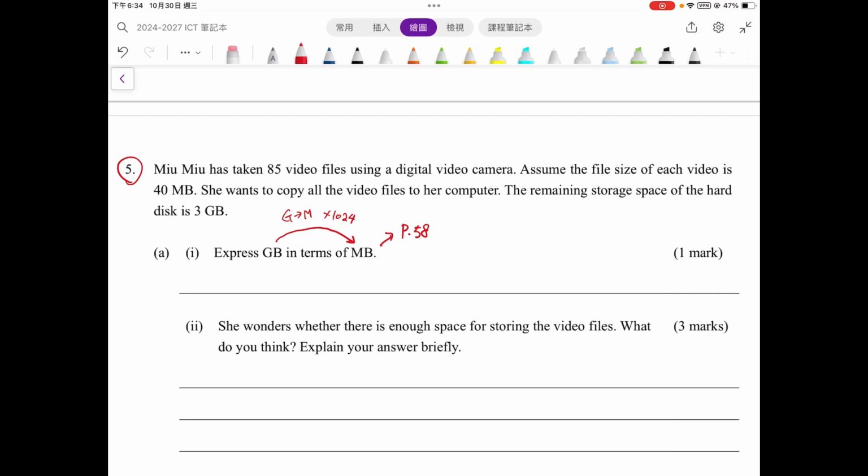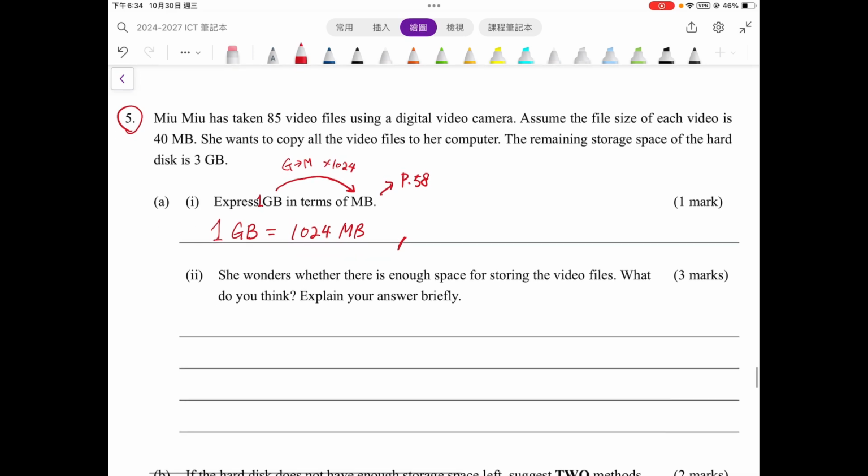They just ask you to express 1 gigabyte. So 1 gigabyte is equal to 1024 megabytes, and that's it for the first question. So it's not so difficult.